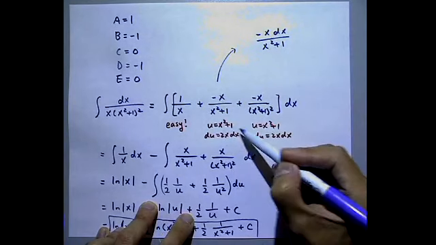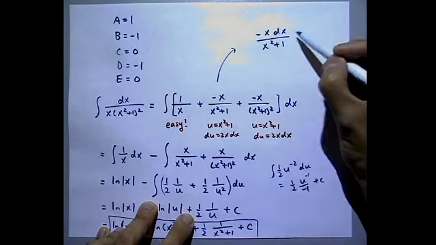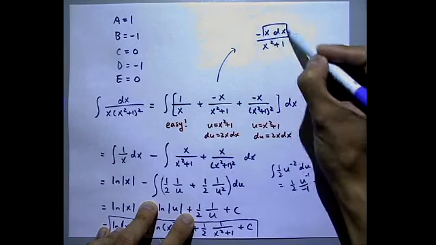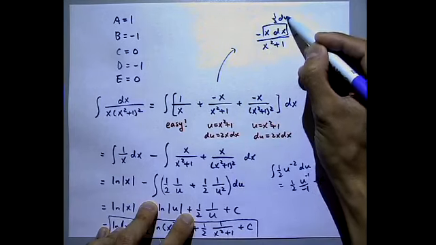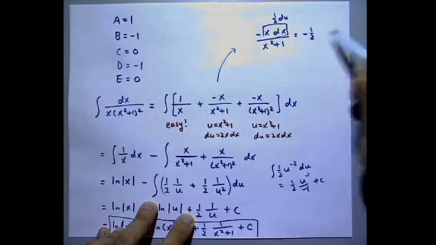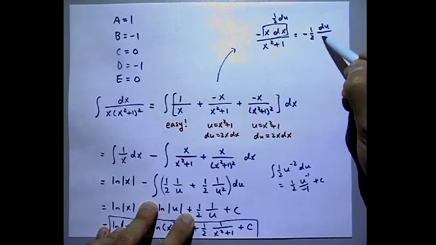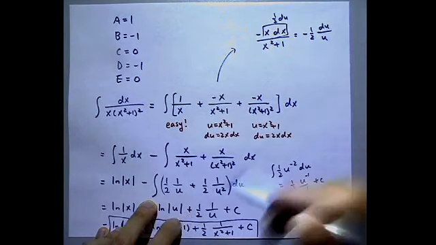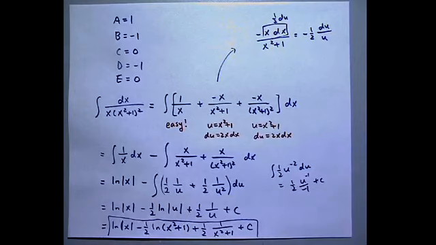And x dx is 1/2 du. So this is 1/2 du. So that's minus 1/2 du over u. When you integrate that, that constant didn't participate, it stays put. Okay? Other questions on this one? Good? Okay.